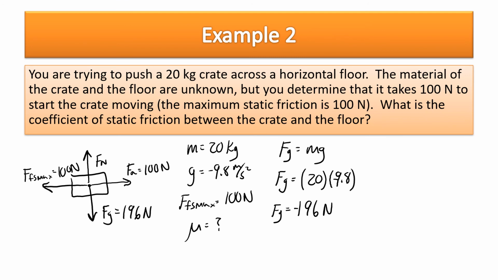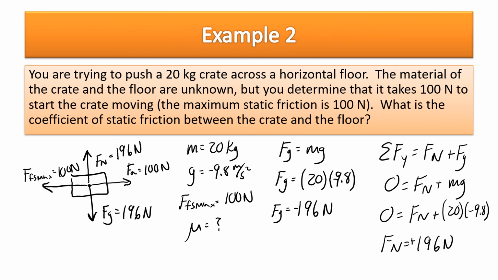And sometimes in the free body diagram, I won't make it negative because the negative is really just showing the direction and the arrow does that job. So the normal force then, just by looking at our free body diagram, we've done enough of these, we can say, okay, that's equal to 196 newtons, even though it would be better to make your net force equation, which would look like that. Not totally necessary every single time.